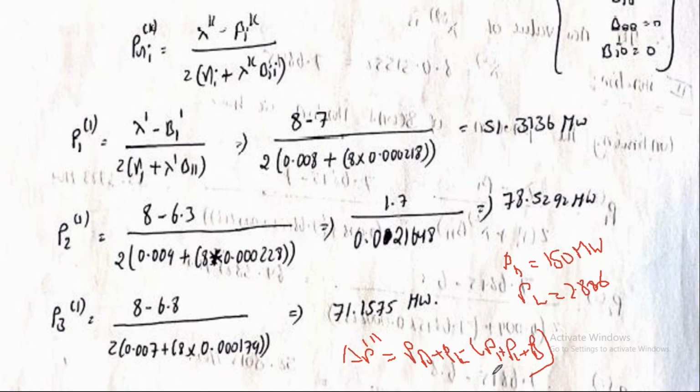So what is our requirement of condition? The delta P should come to 0. If it does not become 0, then we have to update the lambda value by using delta lambda. Find the delta P value.